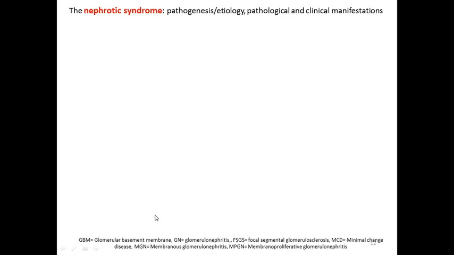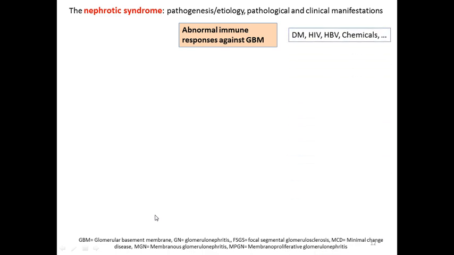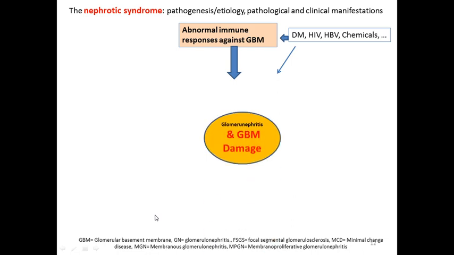So the pathogenesis and the etiology, the morphological changes, and the clinical manifestations can be demonstrated in this illustration. The basic problem is the abnormal immune response against the glomerular basement membrane. This can be primary, as we said, or can be due to other diseases such as diabetes, SLE, hepatitis or HIV.